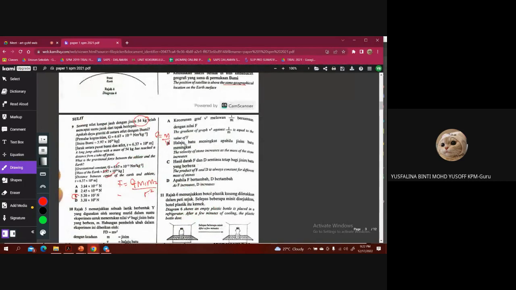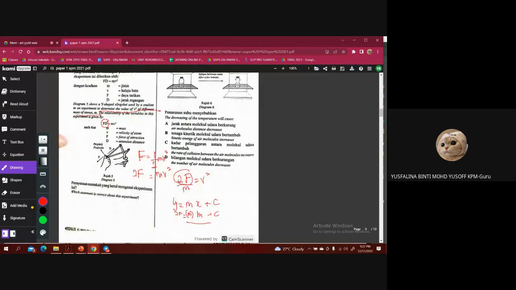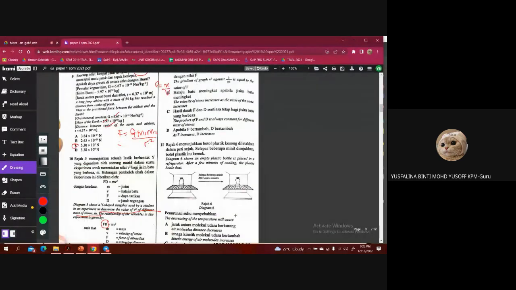Next, the velocity of the stone increases as the mass of the stone increases. No, because the graph is inversely proportional. When the mass is lower, the velocity becomes high.